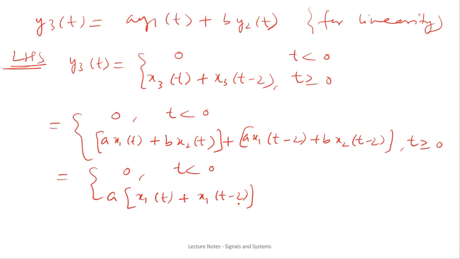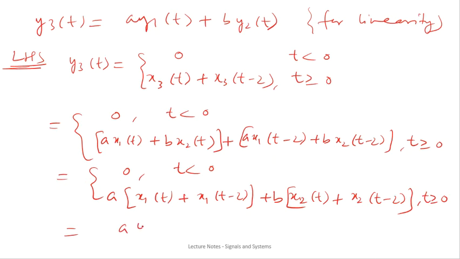So a and b can be taken as common. From here you can see that this is nothing but a times y1(t), because this x1(t) plus x1(t minus 2) is y1(t), and the second, x2(t) plus x2(t minus 2), is y2(t).